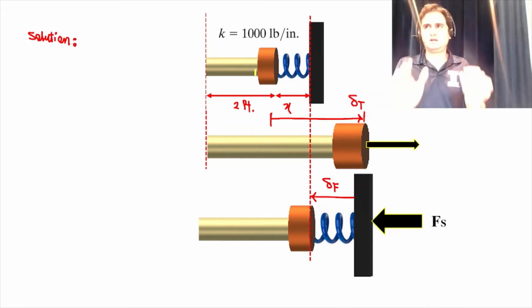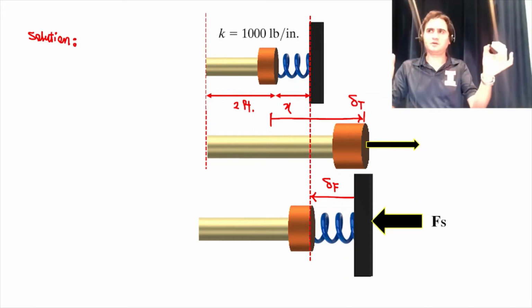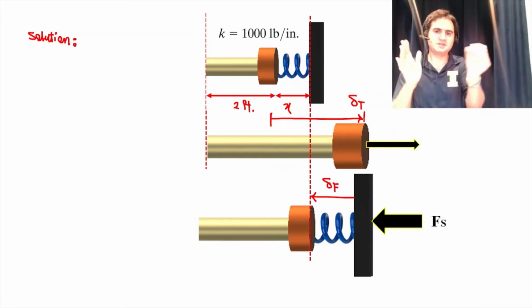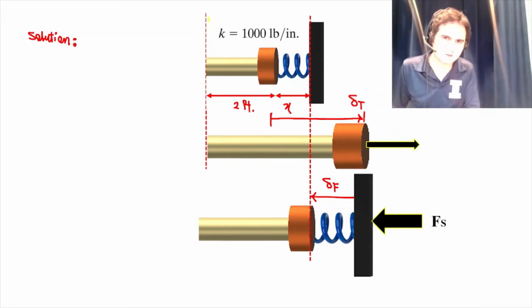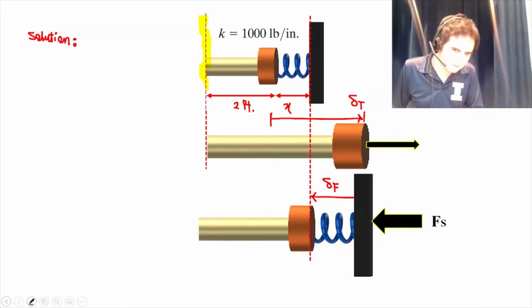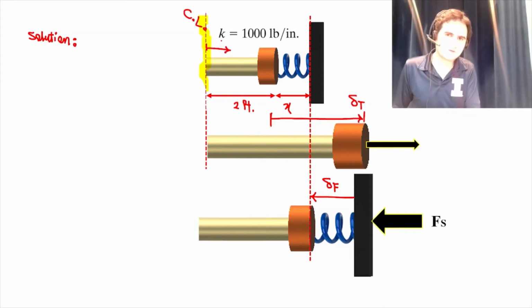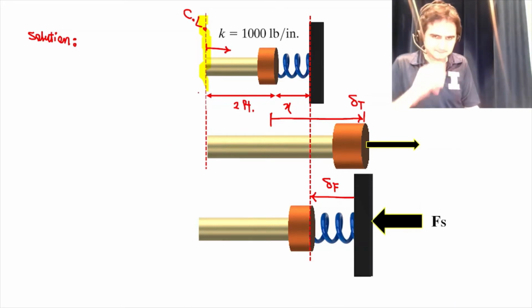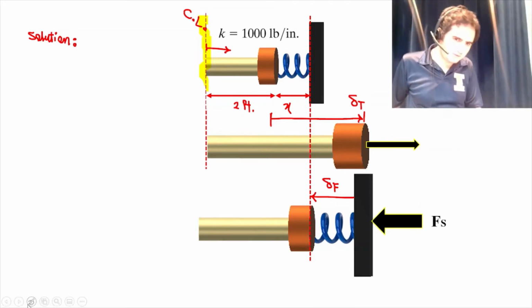The rod is 4 feet, so we consider 2 feet of the rod from the center line to the right end.